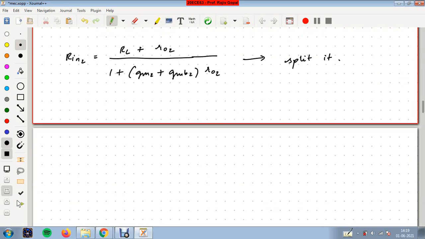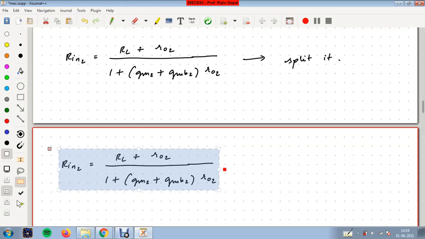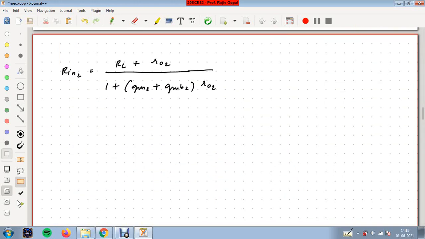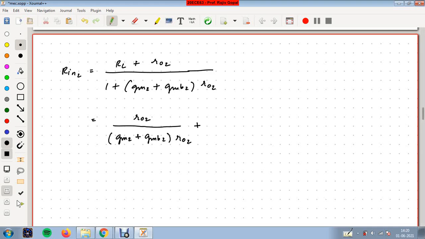When I say split this equation, I meant write it like this: R02 divided by GM2 plus GMB2 into R02 plus RL divided by, not 1 plus, GM2 plus GMB2 into R02.